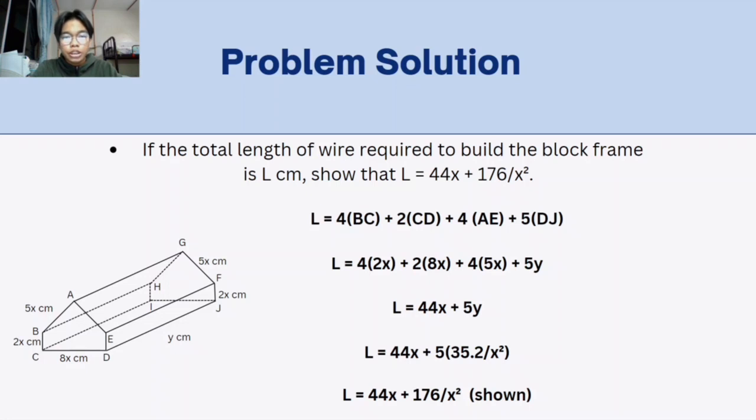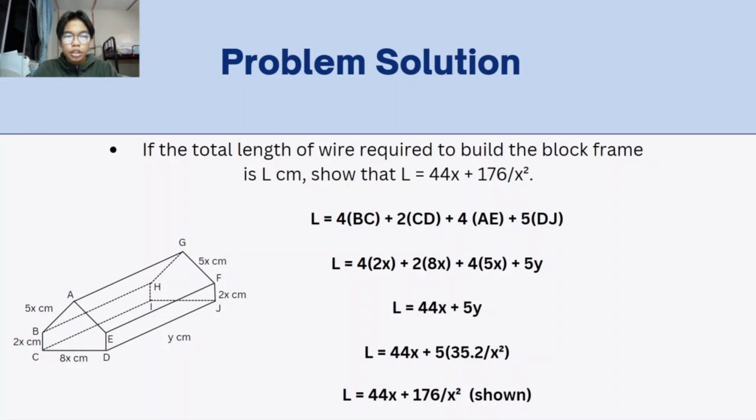Now for the second question, it asks us to find the total length of wire required to build the block frame and show that L is equal to 44x plus 176 over x to the power of 2. Now, we need to come up with our own equation from the diagram itself. We've come up with L is equal to 4BC plus 2CD plus 4AE plus 5DJ.